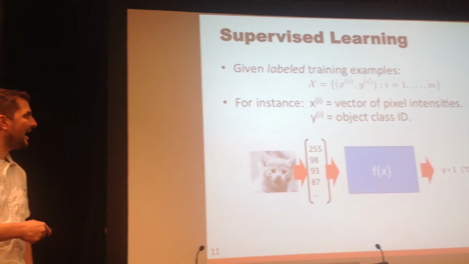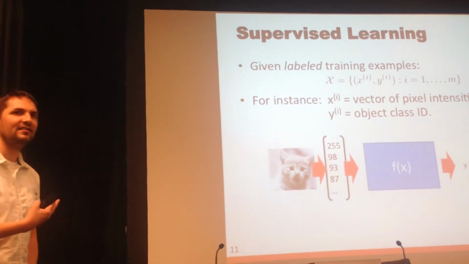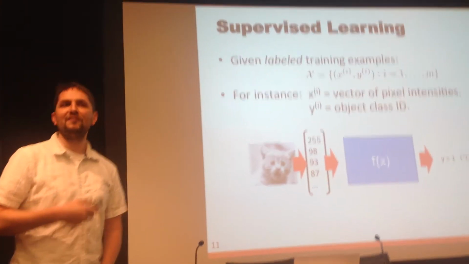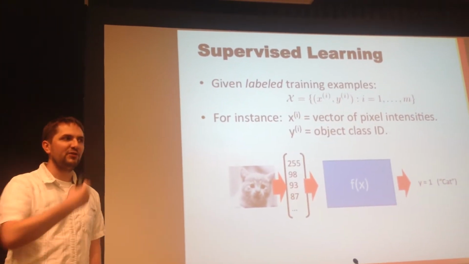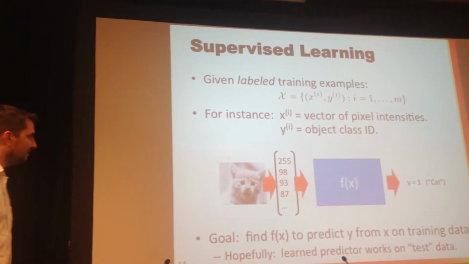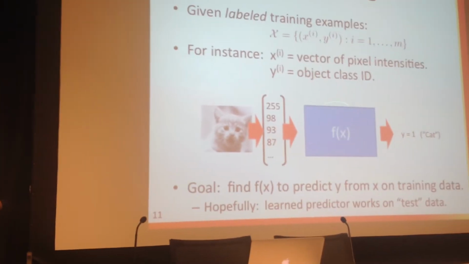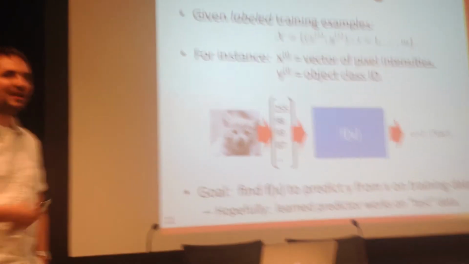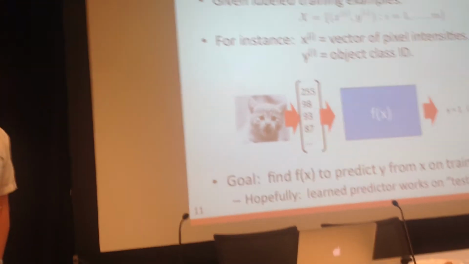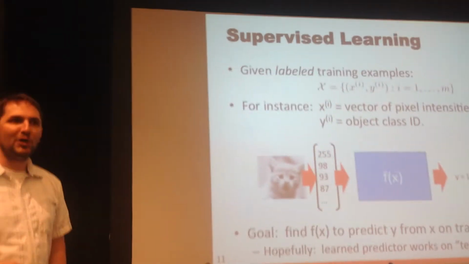The fact that this is a cat is represented by the label y. When I train this algorithm, I'm going to give you that label. And it's your job to find some function that's really good at predicting the correct label on the examples you've seen. Hopefully, if we have a good machine learning algorithm that finds f(x) that gets the right answer most of the time on our examples, that will usually mean that when we have some new example where we don't know the label, the prediction will also be good there.